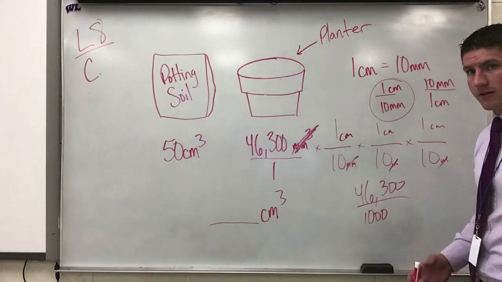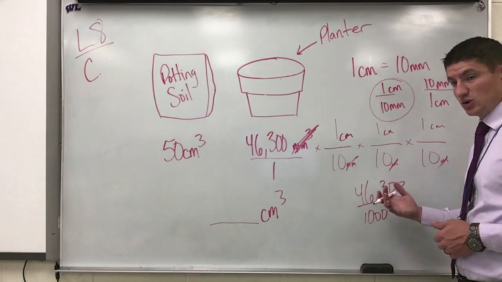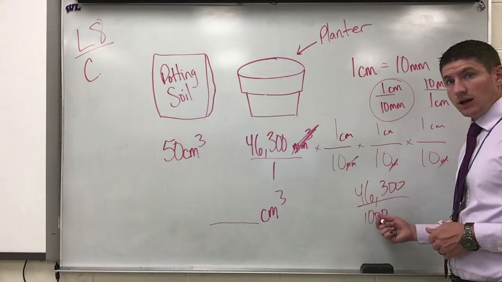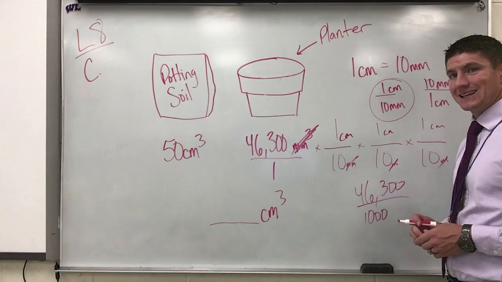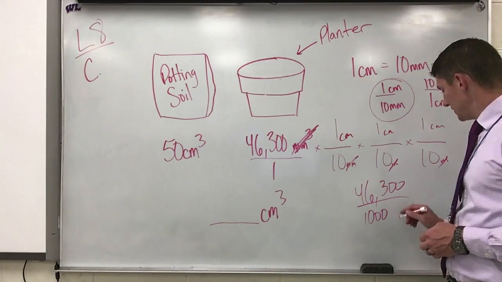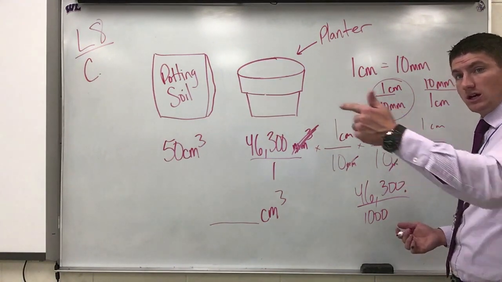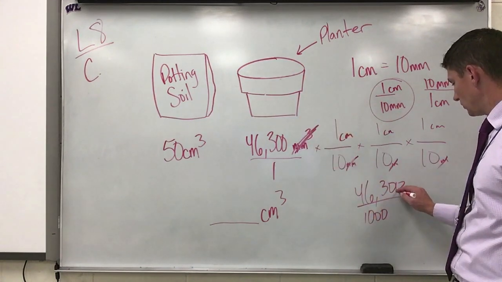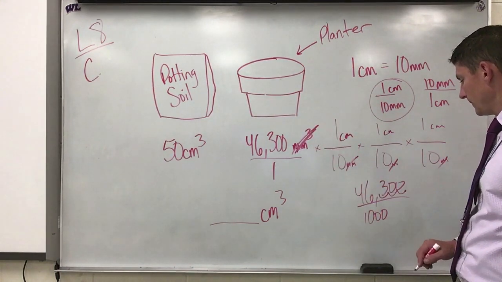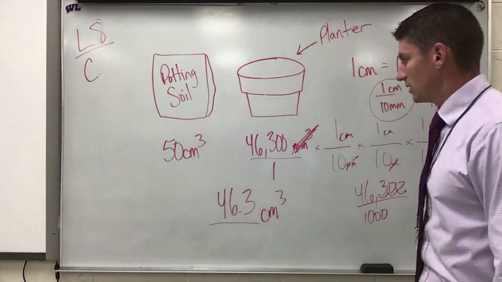Now, anytime you have that power of 10 being used in our unit analysis, you're basically just going to divide and then move the decimal place based on that division. There are 3 zeros in this 1,000 in our denominator, which means that our decimal point here technically just moves 3 places to the left. Let's do that calculation. 1, 2, 3. And our new answer is going to give me 46.3 centimeters cubed.